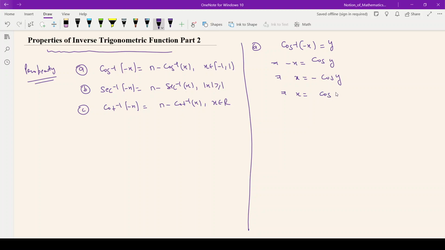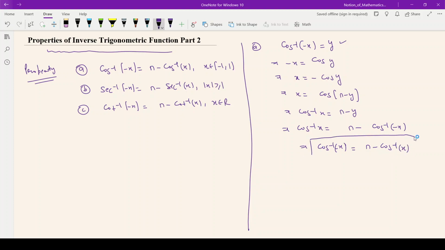It can be treated like cos of pi minus y, or cos inverse x is pi minus y, that is cos inverse x is pi minus y, where y is cos inverse of minus x. Ultimately cos inverse of minus x is pi minus cos inverse of x. So that is our first property, which is proved.